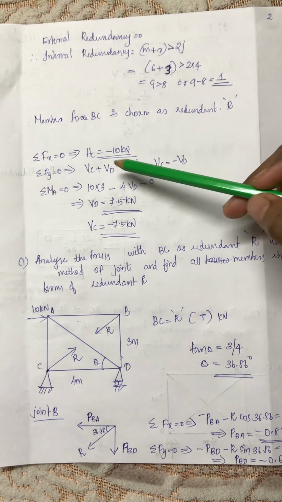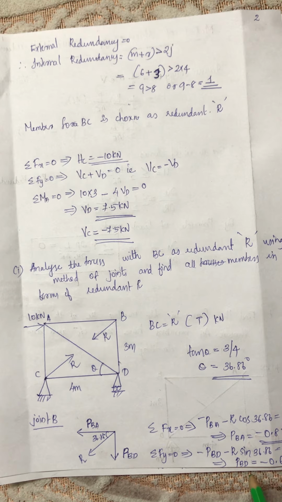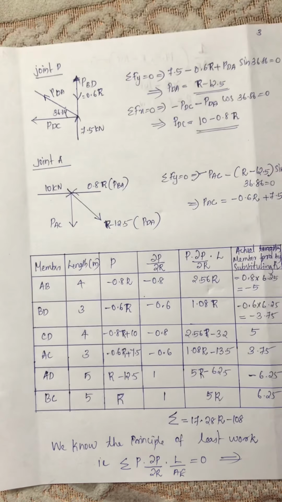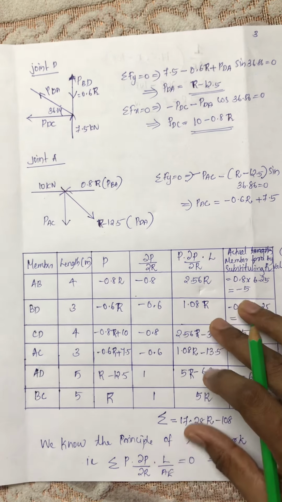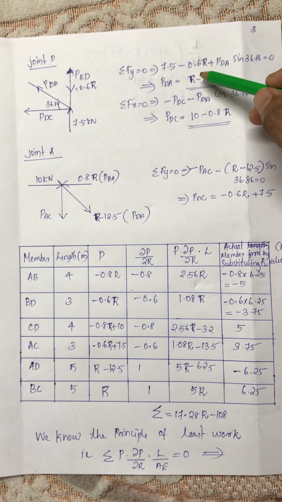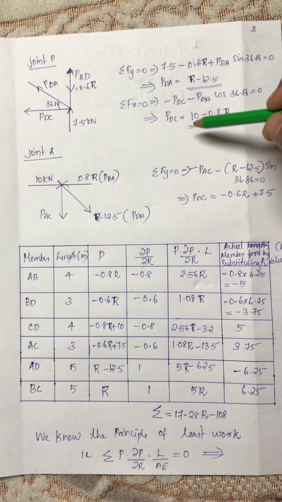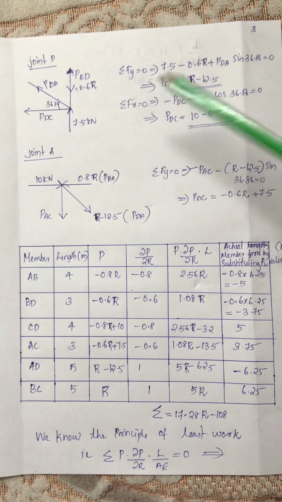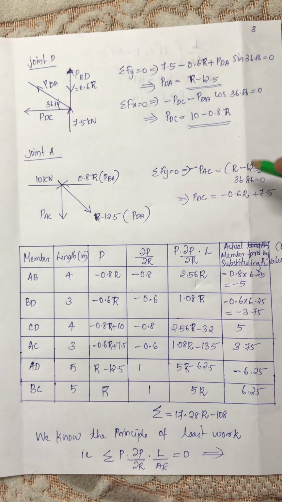By using the equations of equilibrium, we will get PBA equal to minus 0.8 R and PBD equal to minus 0.6 R. Now take the next joint, that is joint D, then find PDA equal to R minus 12.5 and PDC equal to 10 minus 0.8 R. Then take the joint A and also find out PAC, that is equal to minus 0.6 R plus 7.5.